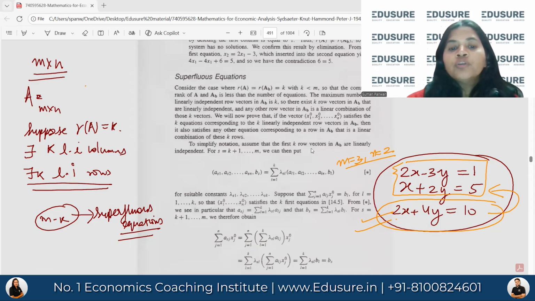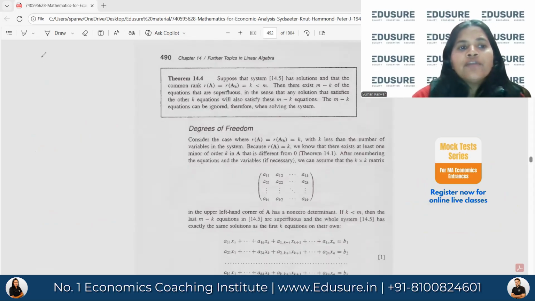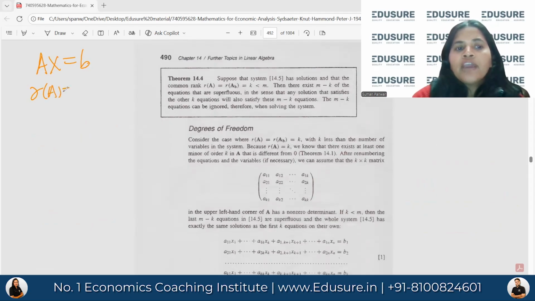Now, what do we do with superfluous equations? There is something known as degrees of freedom. If in the system Ax equals B, the rank of A is equal to k, then what is the procedure?